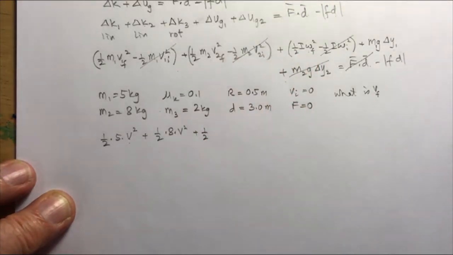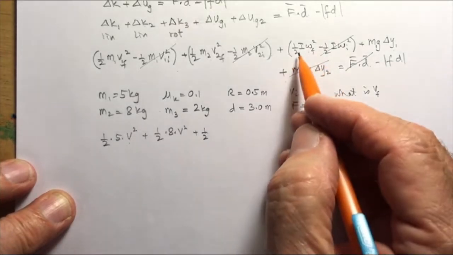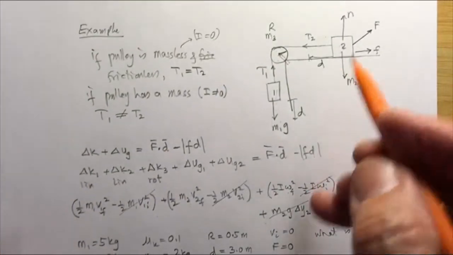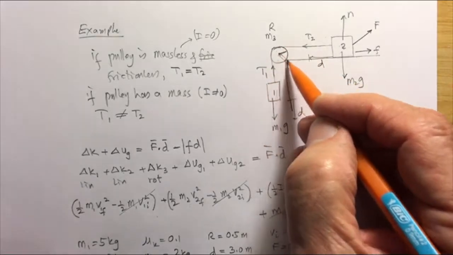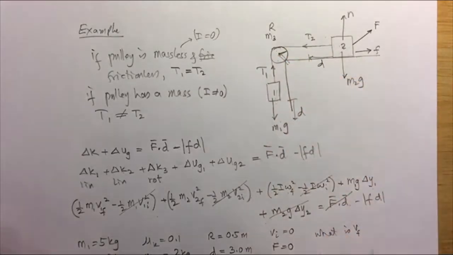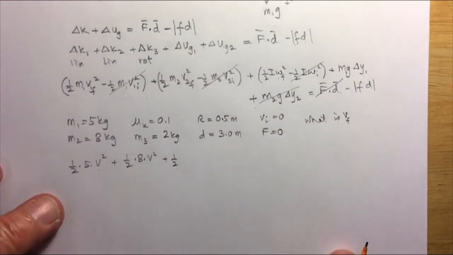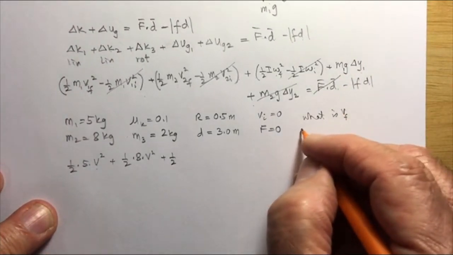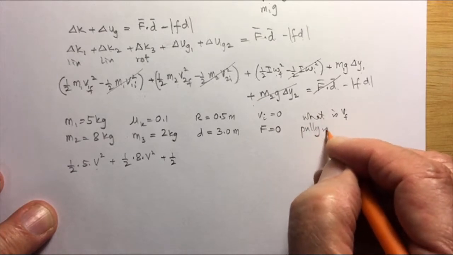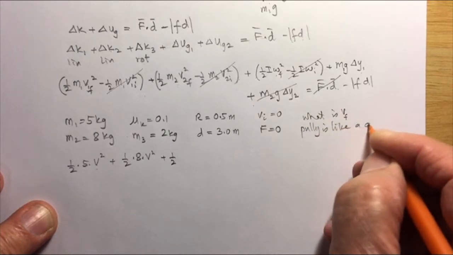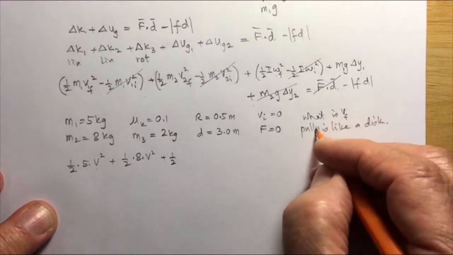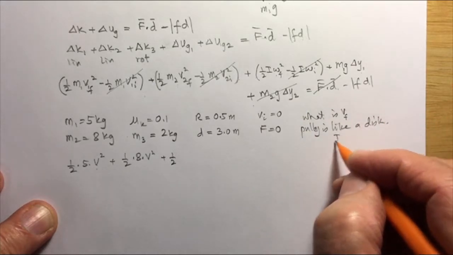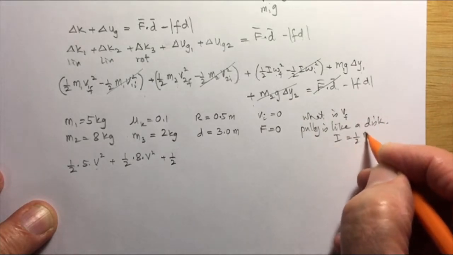Plus half. Now we need the moment of inertia. This pulley is in the shape of a disc. Could be in the shape of a bicycle wheel, but it's a disc. So the pulley is like a disc, which means the moment of inertia is half m r square.